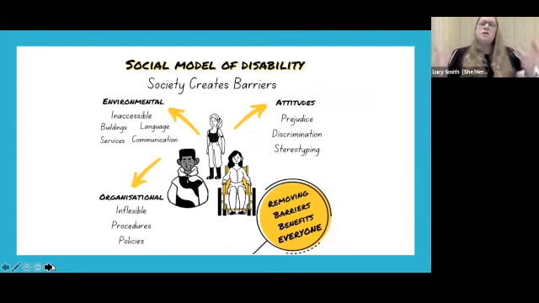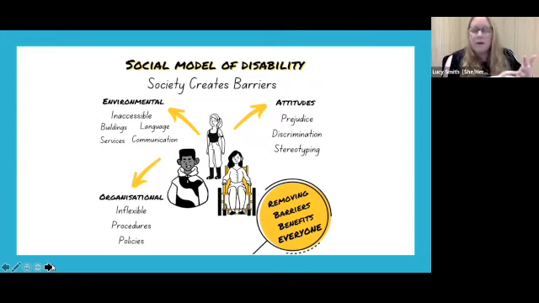And it just looks at it from a different point of view, that in our society, we create these barriers sometimes.